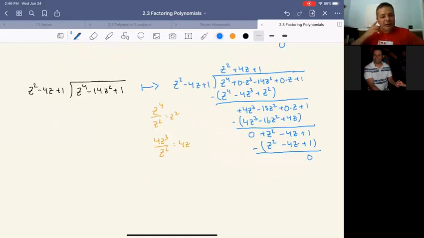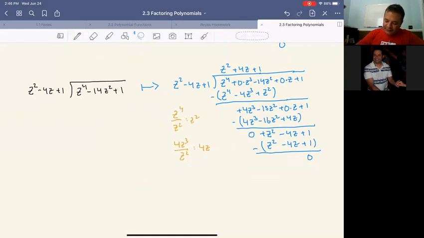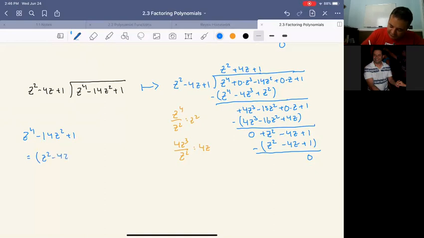So what this is telling us is, in essence, z to the fourth minus 14z squared plus 1 is equal to z squared minus 4z plus 1 times z squared plus 4z plus 1.